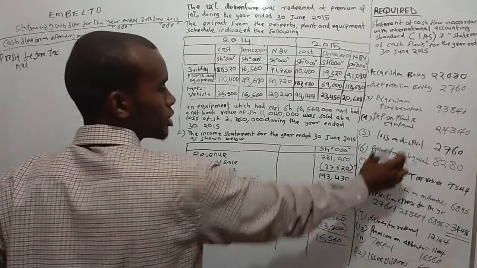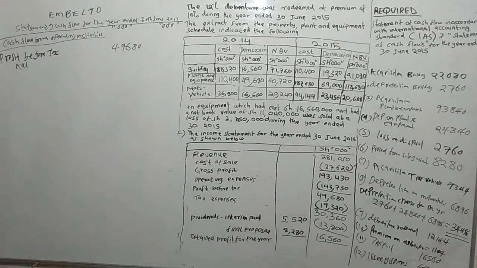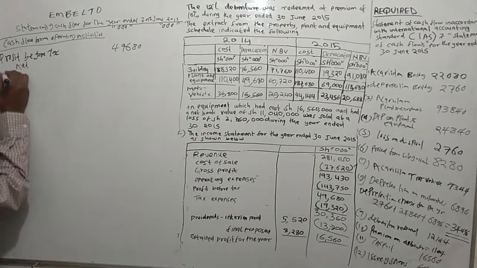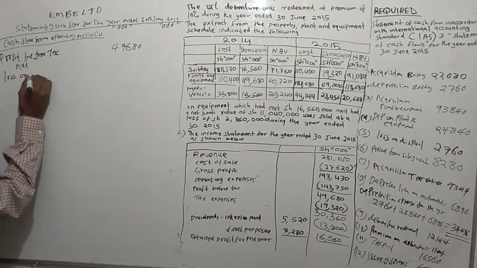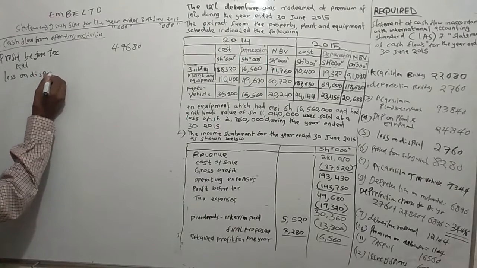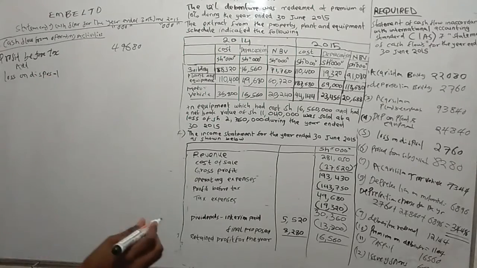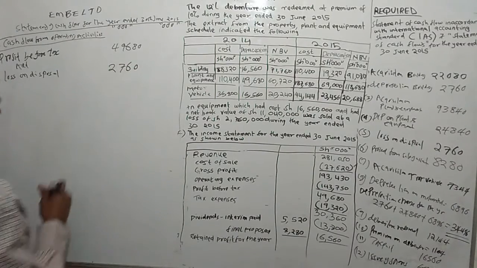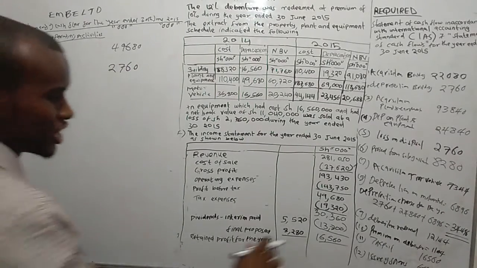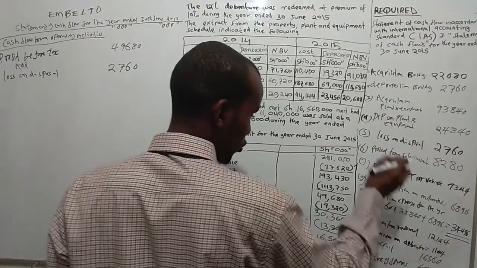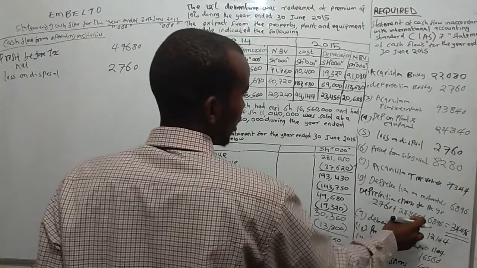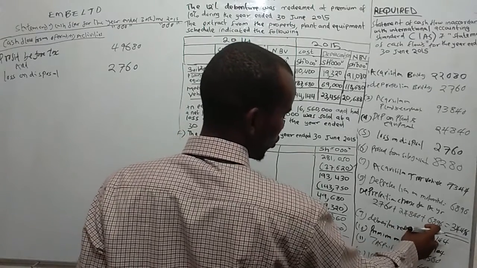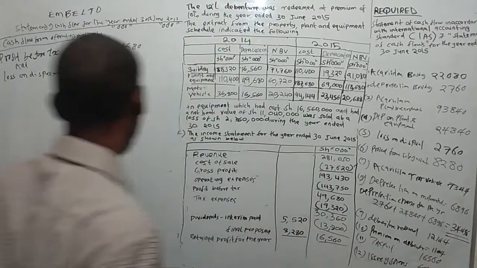Now we add back the loss on disposal. Loss on disposal there is 2,760, number 5. Then the depreciation. Remember we have added the one for building, the plant and equipment, and also the motor vehicle, which was coming to 34,496.